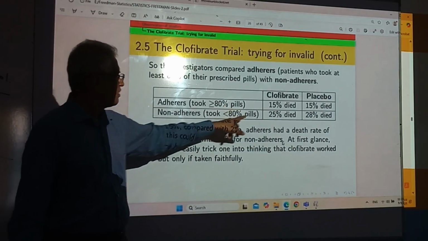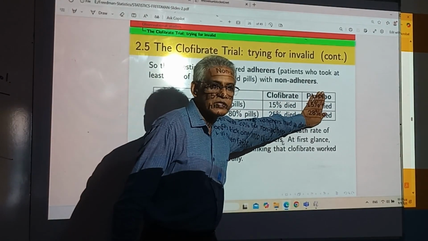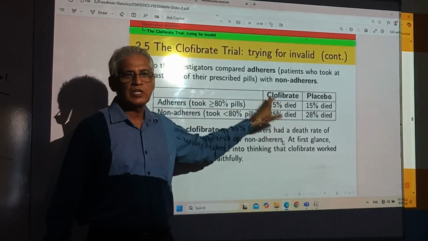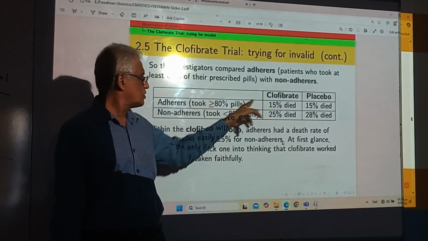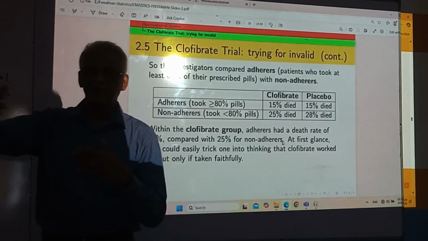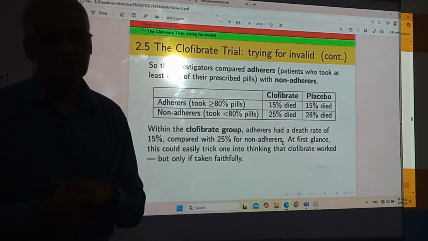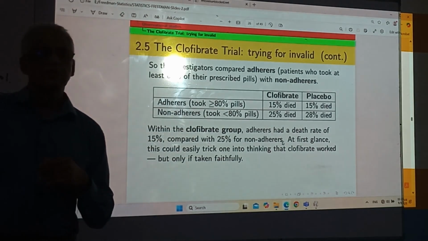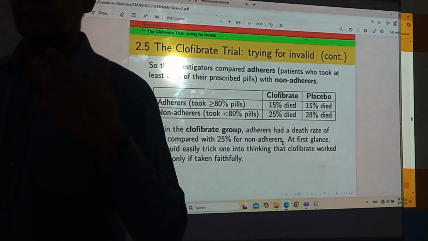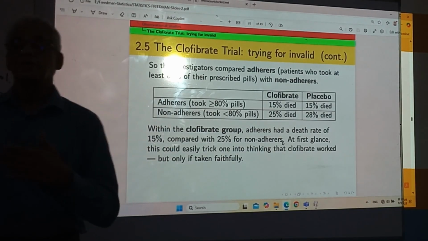So therefore, even this difference will not help you to say the medicine works. Because there may be several other confounding factors. Right? Those who decide to adhere to the medicine may be careful in other things also. Right? When they are taking food, maybe in other situations, their behavior, everything may be careful.